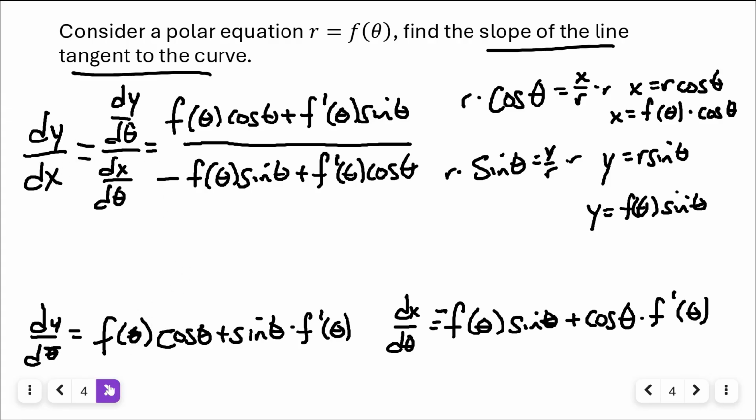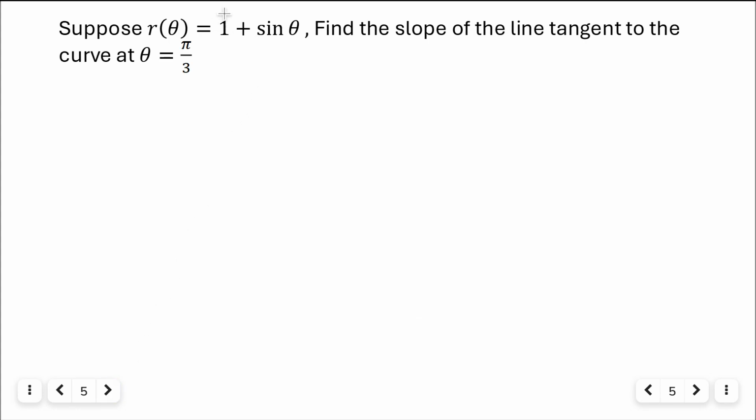All right, so now, let's suppose that r of theta is equal to 1 plus sine theta, and let's find the slope of the tangent line to the curve at theta equals pi over 3. So to find dy dx, that's the slope of the tangent line, I would have to find dy d theta and divide by dx d theta. Okay, so let's try to find y first, I guess.